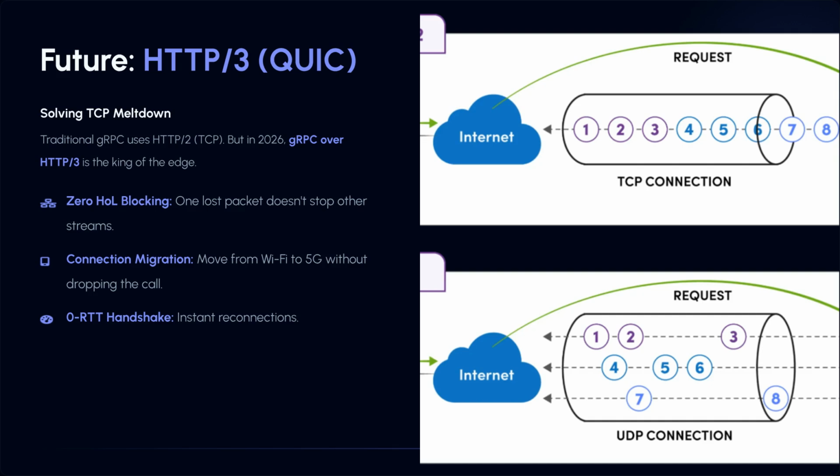Imagine moving from Wi-Fi to mobile data. Your connection stays alive, no interruption. Zero RTT reconnection. Reconnect almost instantly. For mobile applications and edge computing, this is a huge advantage. This is why many engineers see gRPC over HTTP3 as the next evolution of high-performance networking.